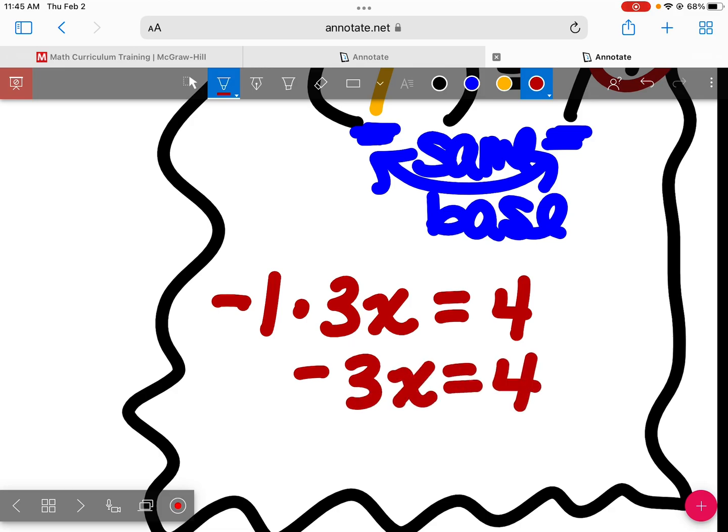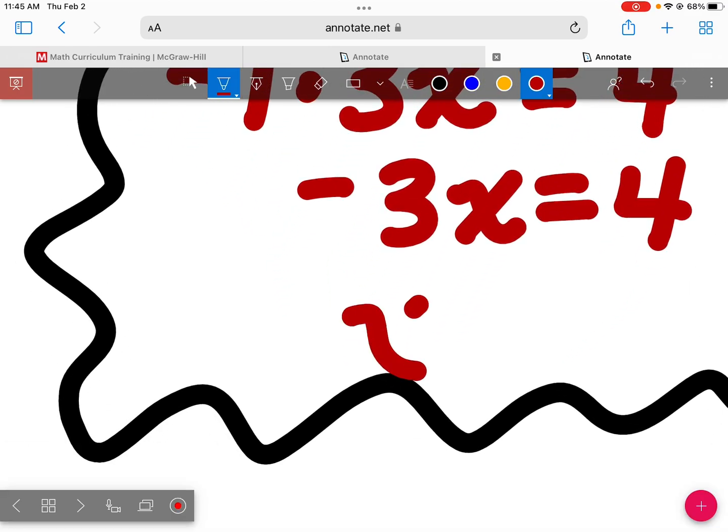Negative 1 right here times 3x right there. So that gives me negative 3x equals the exponent on the other side, 4. So what would x have to be then? Yes, x equals 4 over negative 3.